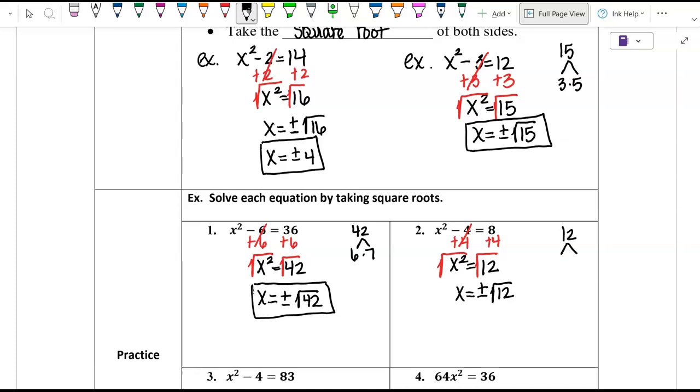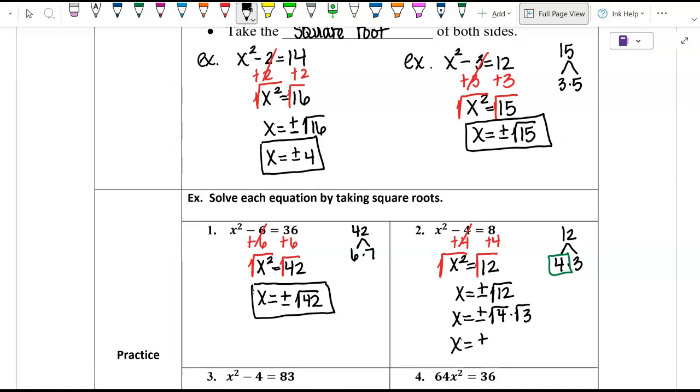Well, I know that 12 does have a perfect square because 12 is 4 times 3. So 4 is that perfect square. So x equals plus or minus the square root of 4 times the square root of 3.